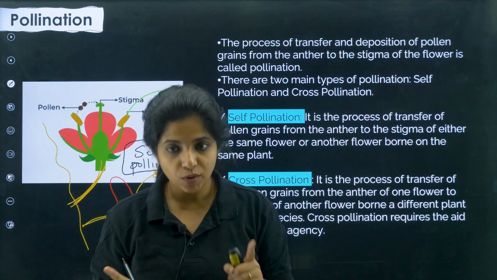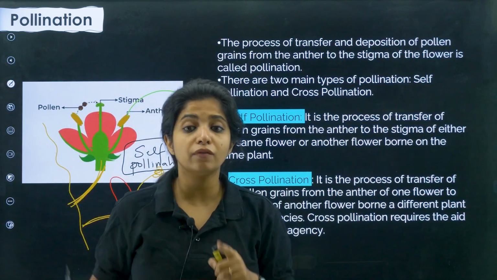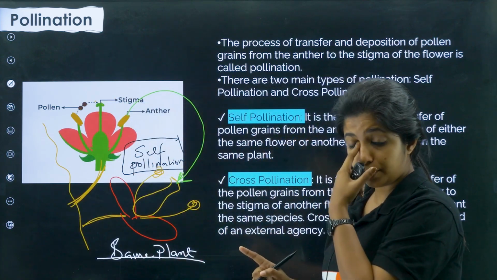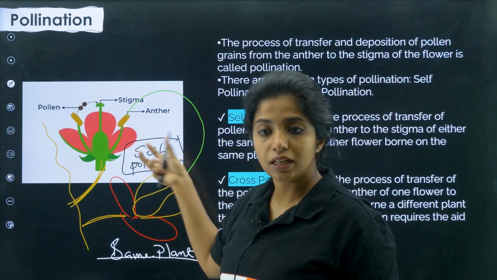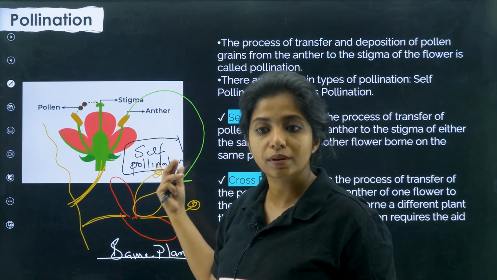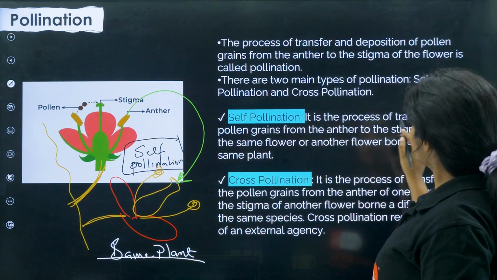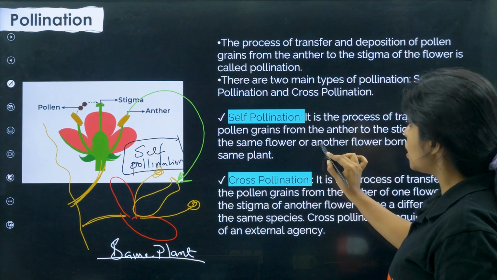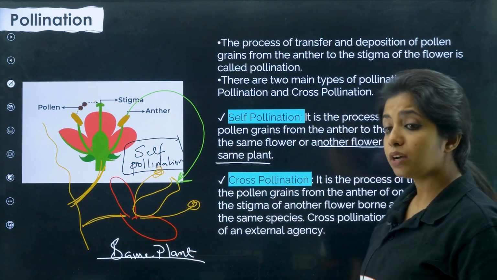Transfer of pollen grains from the anther to the stigma of the same flower or between different flowers of the same plant is known as self-pollination, because anyway genetics is the same. All the cells of this particular plant will be genetically similar only, so I will call it self-pollination. Now, what do you mean by cross-pollination?